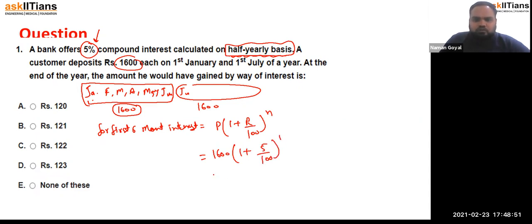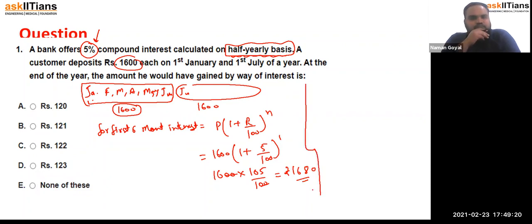So it will give 1600 into 105 upon 100, isn't it? So how much principal amount did you get after 6 months on 1600 at the rate of 5%? 16 into 105, it will be rupees 1680. So rupees 80 interest you got, right?